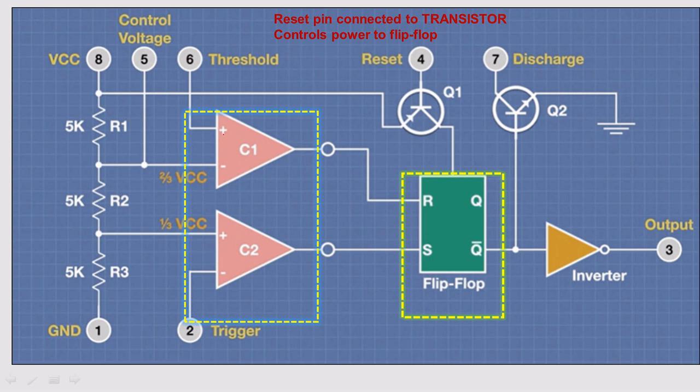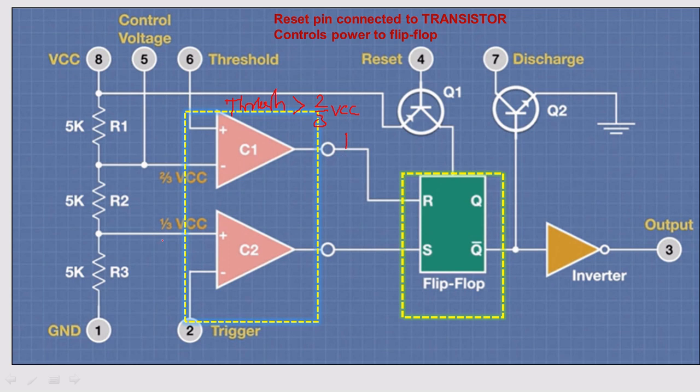Here the plus terminal is connected to threshold. What is the logic? If threshold voltage is greater than 2 by 3rd of your VCC, you will get the logic of 1. That means the upper comparator will give the state of 1. That's all. Very clear. Understood or not? I'm repeating again. If threshold voltage is greater than 2 by 3rd of your VCC, you will get the logic of 1. Otherwise, you will get the logic of 0.